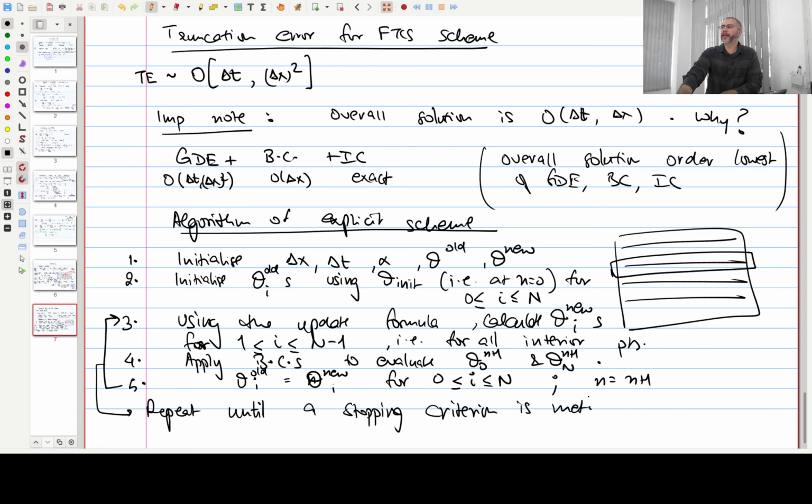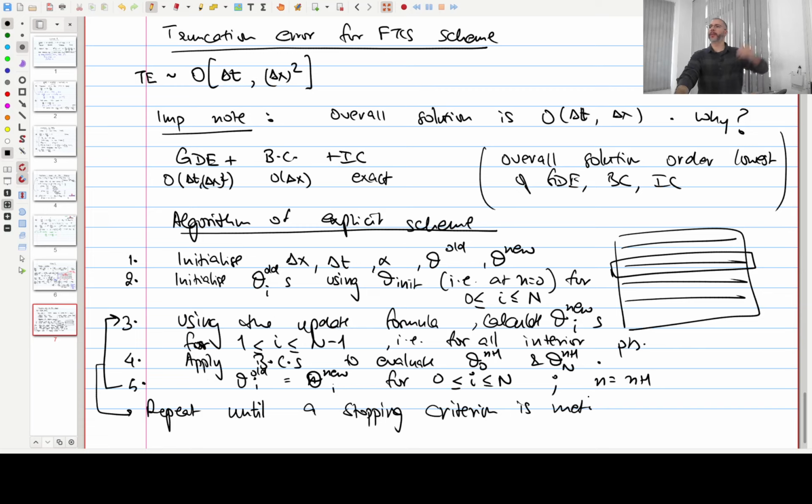So stopping criteria typically would be that you have reached your final time. So you would want to run it for a maximum time, right? So usually we run it till the time we need the information, or sometimes we run it until the solution stops changing. That's called steady state.